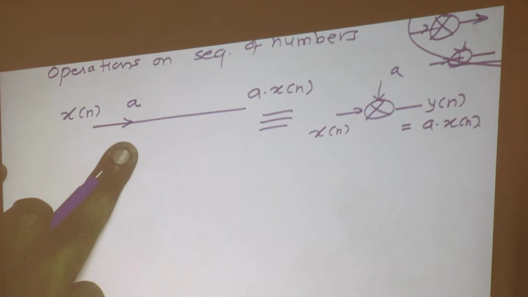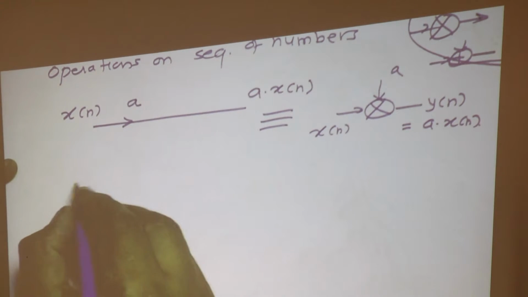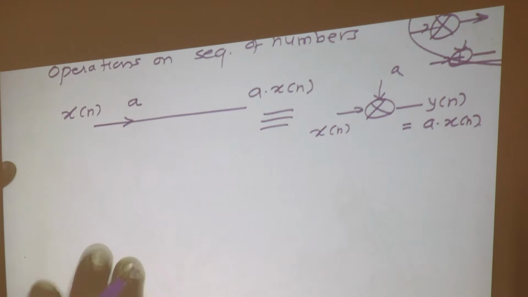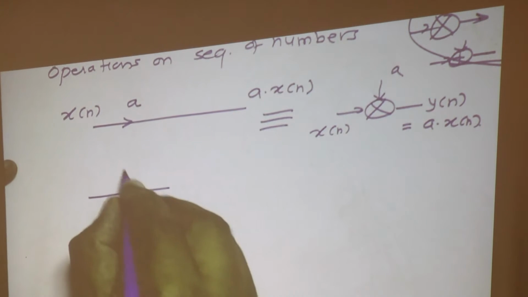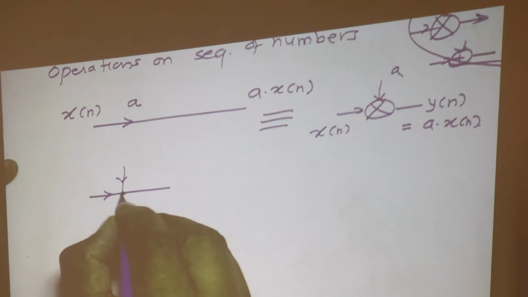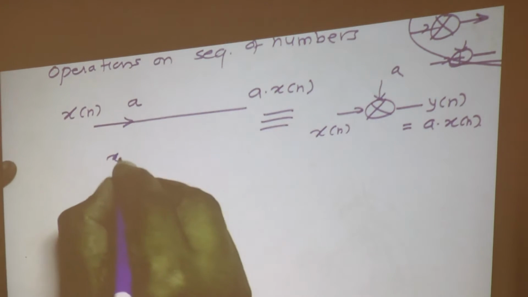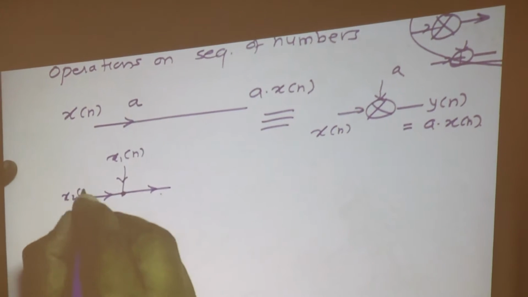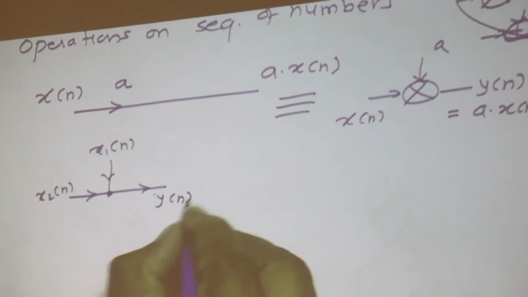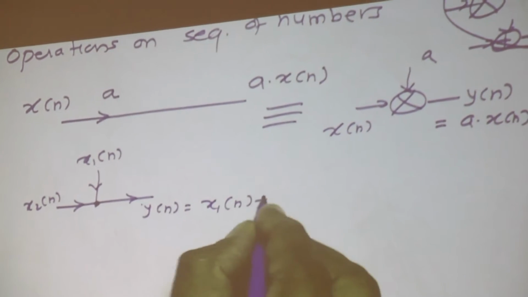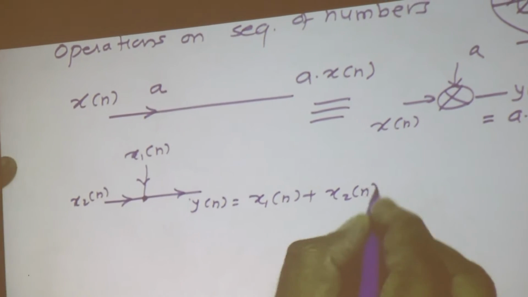This signal flow graph is actually a data flow graph, because here x(n) is a sequence of numbers. I can add two numbers. So I have a simple block wherein two arrows meet at one place. If this is x1(n), this is x2(n), the output y(n) will be equal to x1(n) plus x2(n).